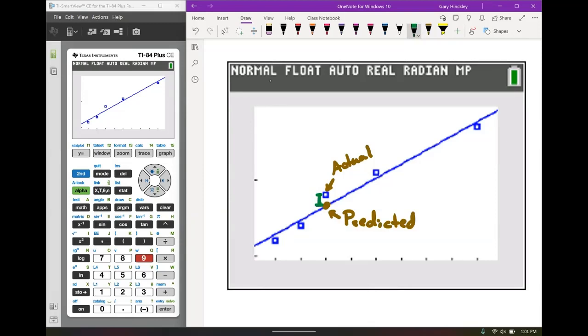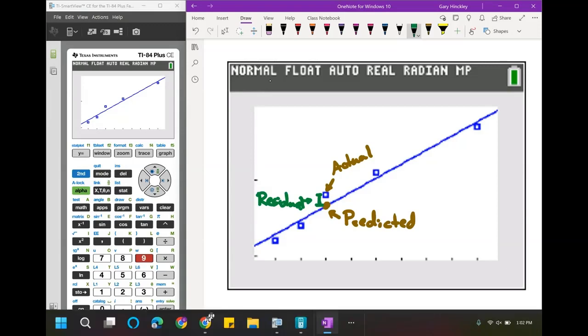That is our residual. All right, so when we talk about a residual, that is what it is. What is the difference between the two? How close are we to our prediction? Or how close is our prediction to the actual value? What is our residual? Okay? So when we talk about residuals, that's what we can do.